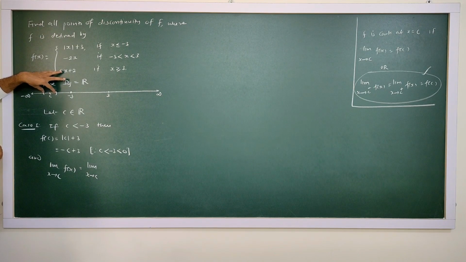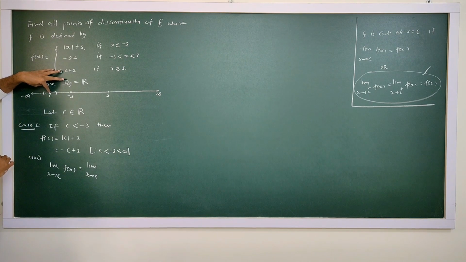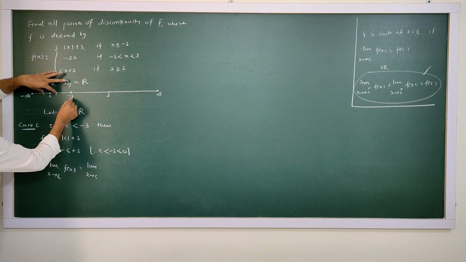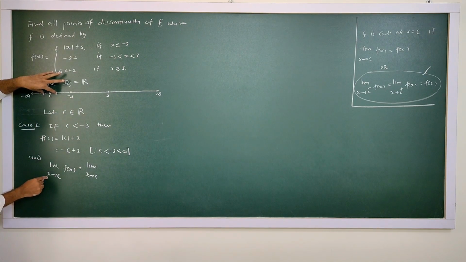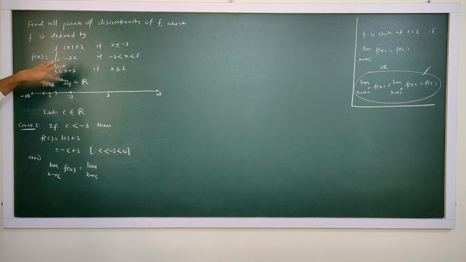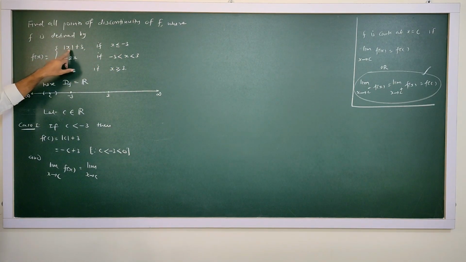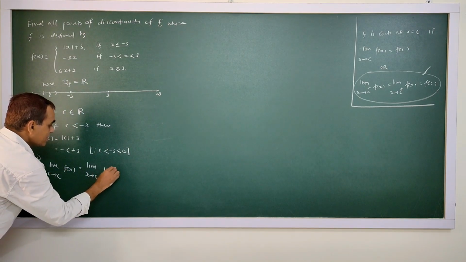So when x tends to c, it tends to c either from the left side or from the right side. So for all these values of x belonging to this interval, values are less than minus 3. So x is less than minus 3, so f(x) is modulus x plus 3.